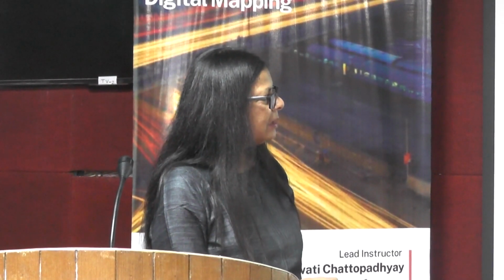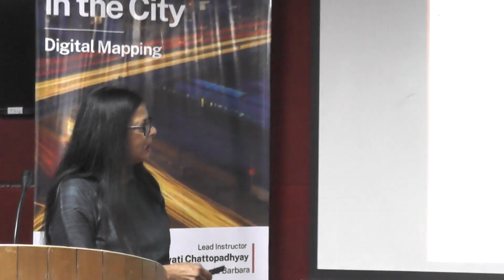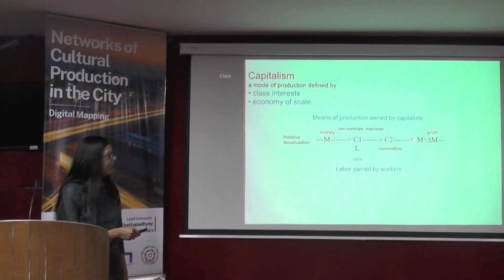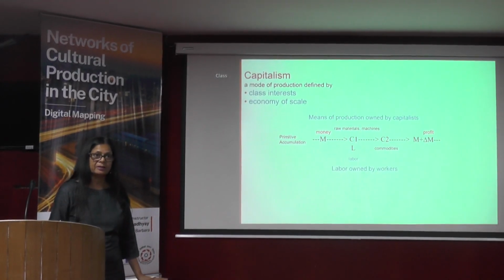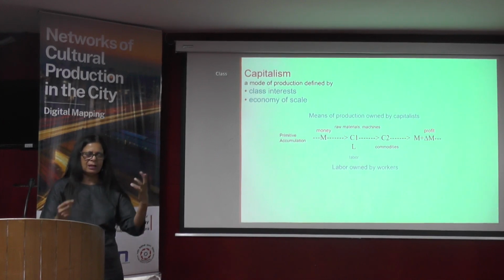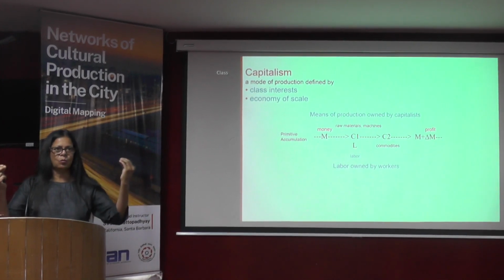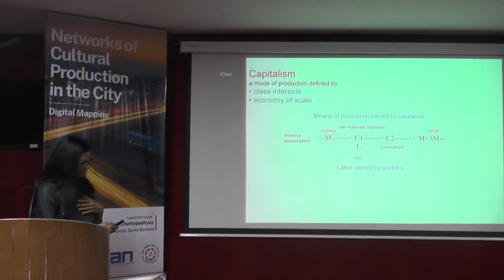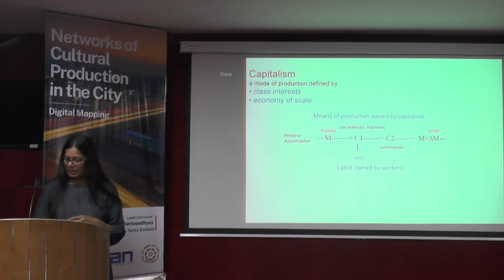And C1 is commodity, transformed by labor, produces C2, another set of commodities, which are sold in the market, and M plus delta M is the profit, okay? So this is a very rudimentary, almost caricatural understanding of what capitalism is as a process of the involvement of capital. And of course, here is the role of primitive accumulation.